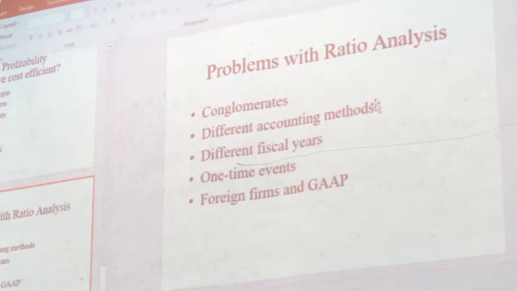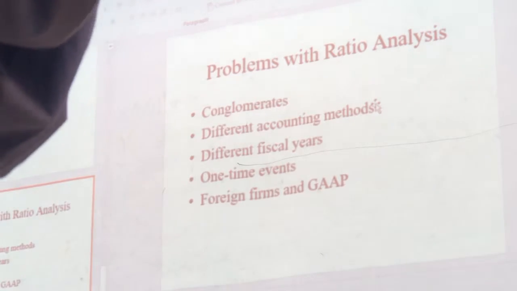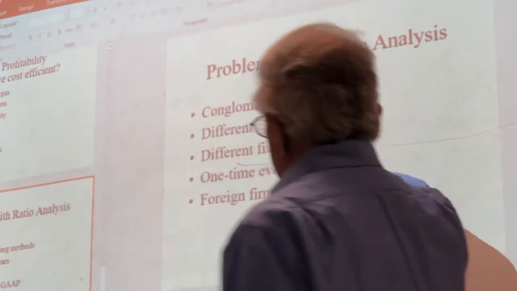If JCPenney's fiscal year starts in October, if I'm not mistaken, and Macy's starts on January the 1st, their 2018 statements will span different time periods.